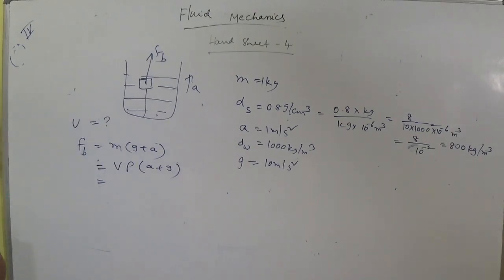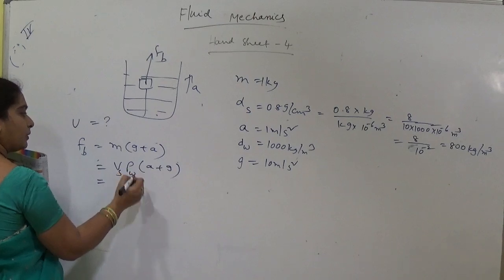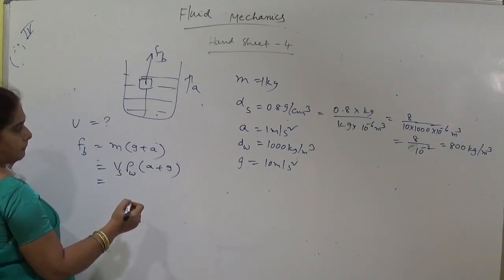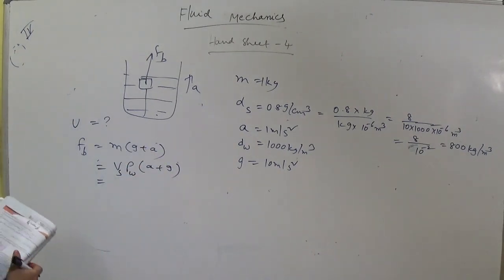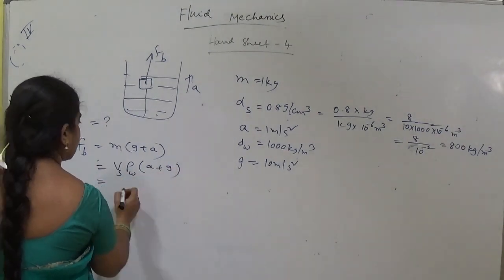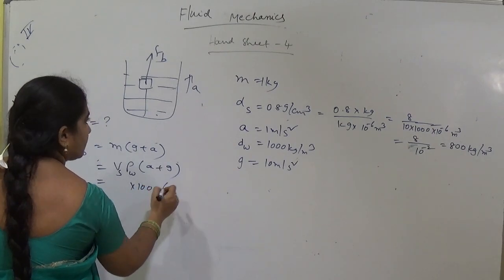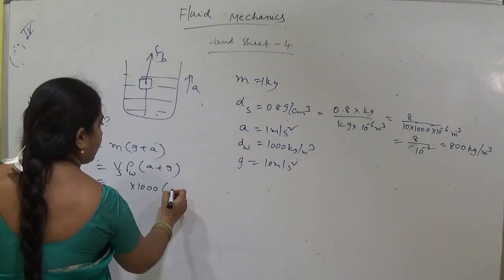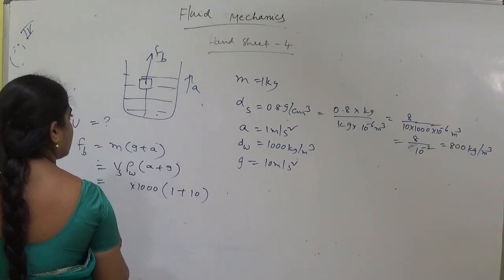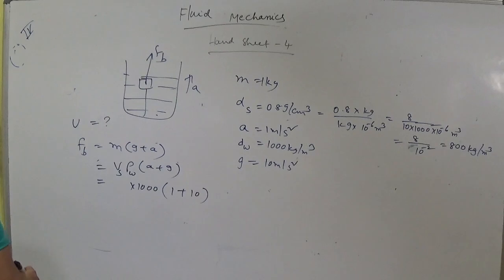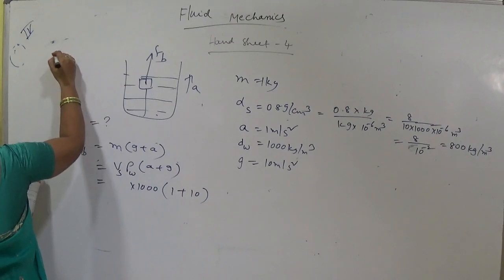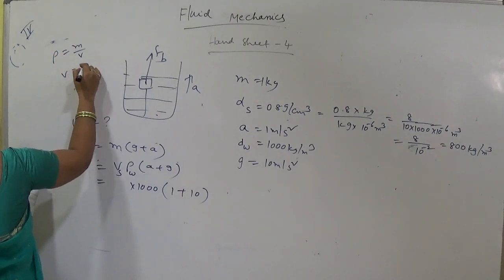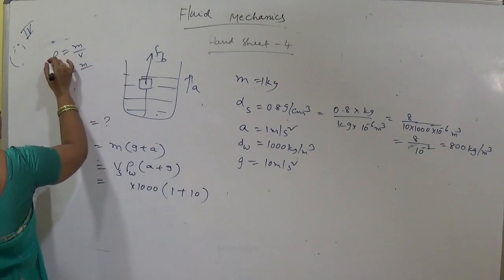Volume of solid Vs into rho W into A plus G. Density of water is 1000 into A plus G. What is the value of A? 1 plus 10, into Vs. Density is equal to mass per volume, so volume is equal to mass per density.